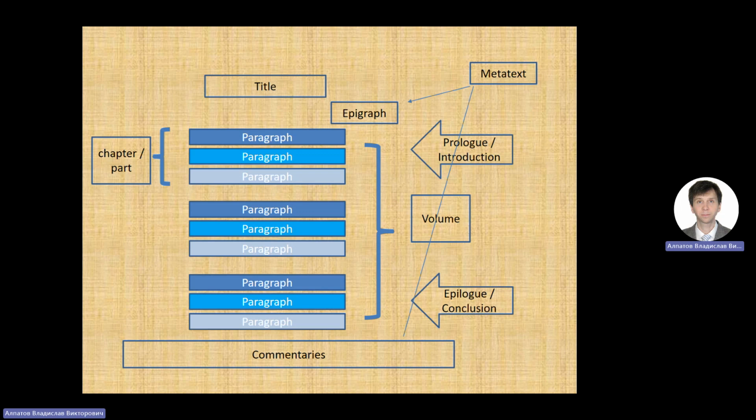What else can the text have? Usually, any text has an introduction and a conclusion, or they can be called a prologue and an epilogue. If it is a novel, for example, right? A prologue or an epilogue, the introduction and the conclusion.